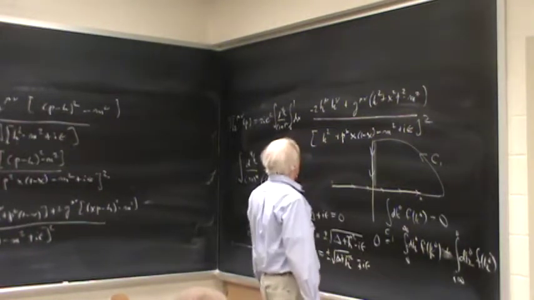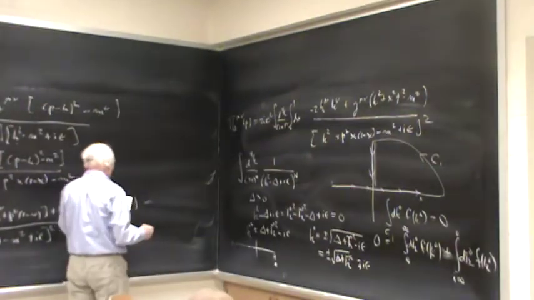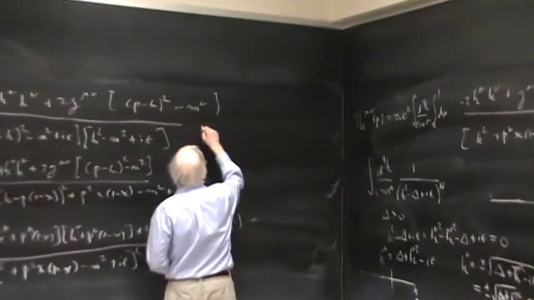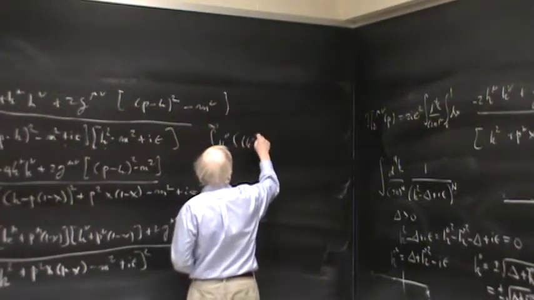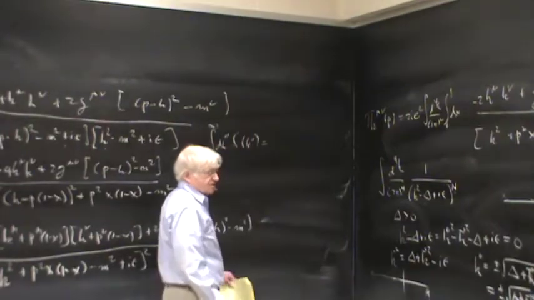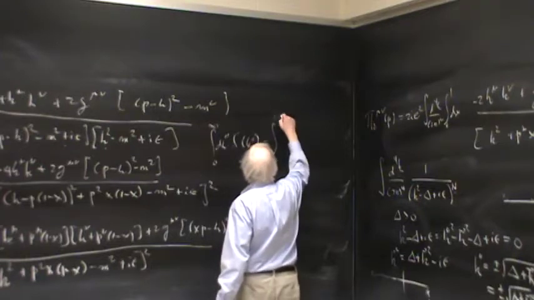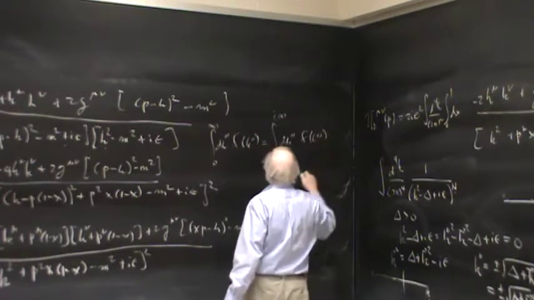So that means then, let me use this board because it's some black that's left, that the integral from 0 to infinity dk0 f of k0 is equal to the integral 0 to i infinity dk0 f of k0.